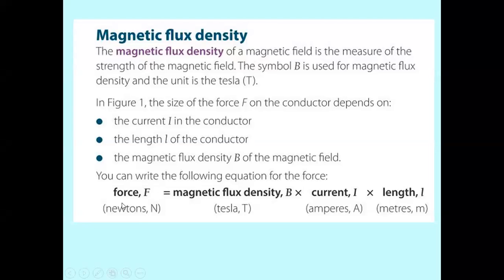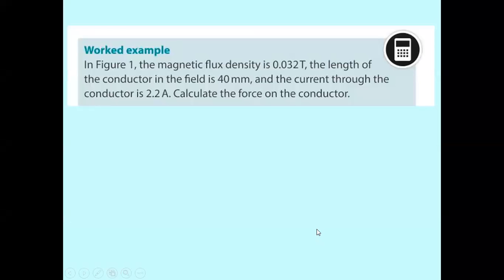Or if we know the other three variables, such as force, current, and length, we can work out the strength of the magnet, its magnetic flux density between the poles. Or if we know force, magnetic flux density, and length, we can work out the current flowing through the wire. Or we could work out the length of the wire in the magnetic field if we know the other three variables. So this is a worked example.